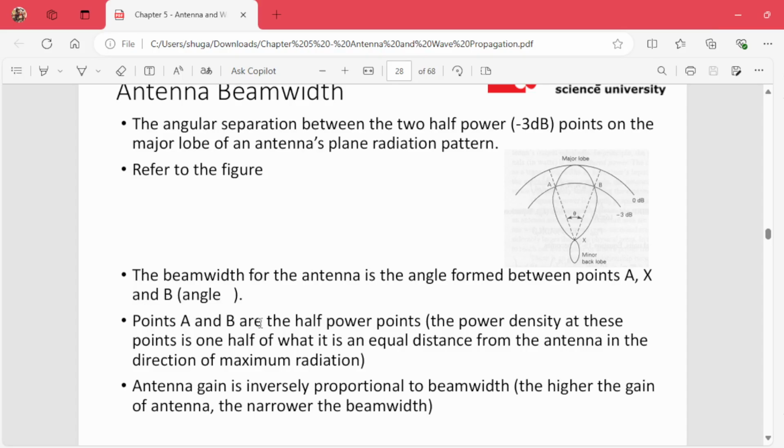Points A and B are the half power points. The power density at these points is 1/2 of what it is at the same distance from the antenna in the direction of maximum radiation. The antenna gain is inversely proportional to the beam width. The higher the gain of the antenna, the narrower the beam width.